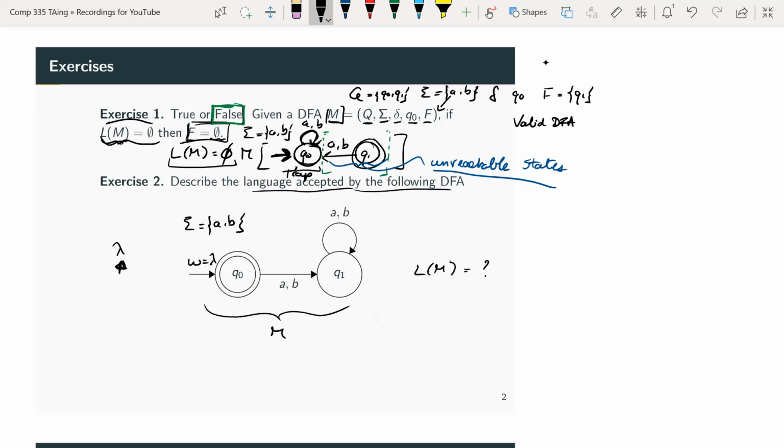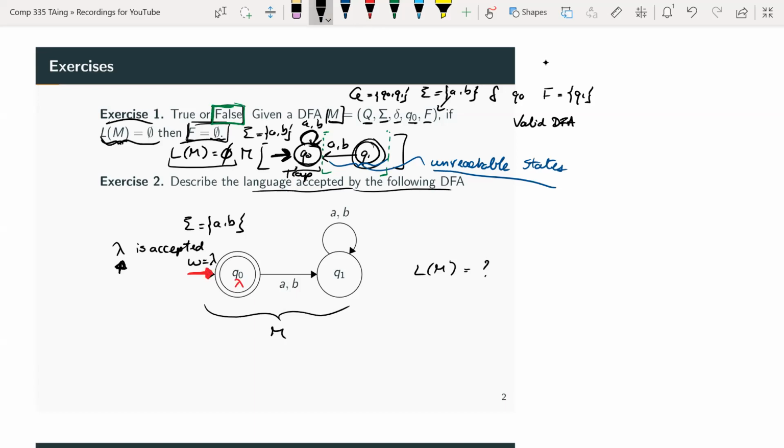It just stays at the same place. So your lambda enters the DFA and just stays in Q0. For this DFA, that's good, because then it accepts lambda. So here, lambda is accepted.